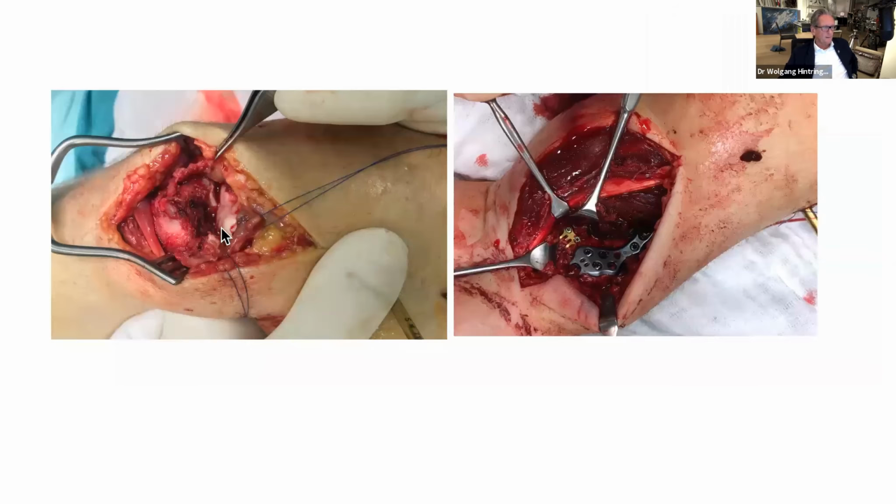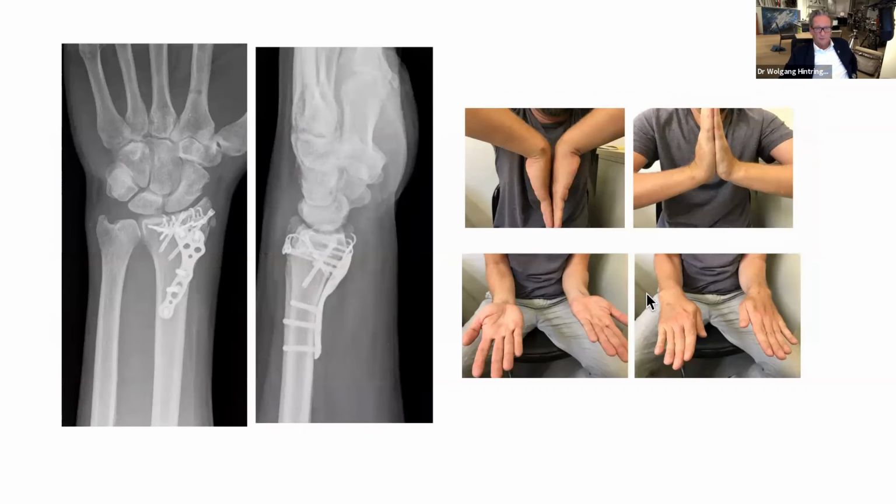You see here the dorsal entrance, here you see the proximal row, and here the dorsal fragments, and here on the volar side, the volar fragments, which are held with this hook plate and this Kawasaki ulnar-sided wrist plate. And that's what he got, a really amazing result, and also radiologically a really good restored articular surface in both views.